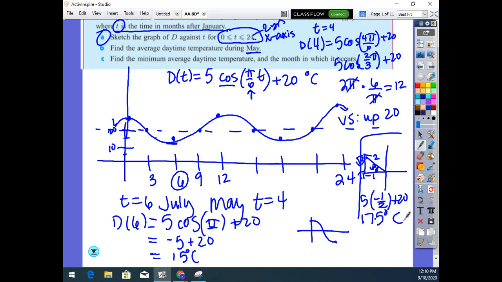We should really put our Celsius here also. So that's a lot, but one of the things that I think makes it tough is finding the cosine of 2 pi over 3 and sketching this out, or understanding that cosine of pi is just on the cosine curve and figuring that part out. So there's a lot of information here.